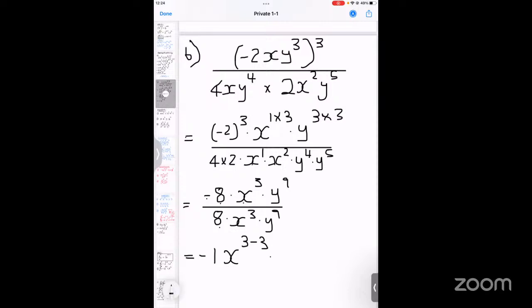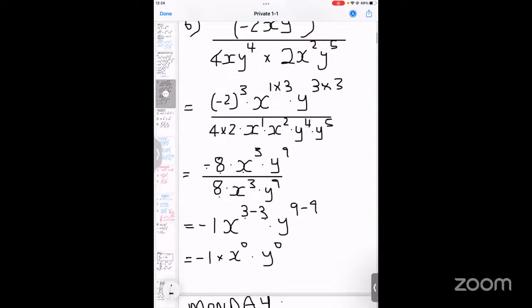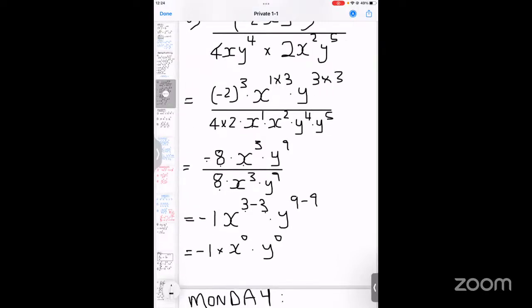And then we have y to the exponent of 9 minus 9. And then you have negative 1 multiplying, this is 0. So it's like we have x to the 0. And then again, we have y to the 0. So it looks like we have negative 1 multiplying 1, which ends up being negative 1. Did I lose you there, Langelihle?